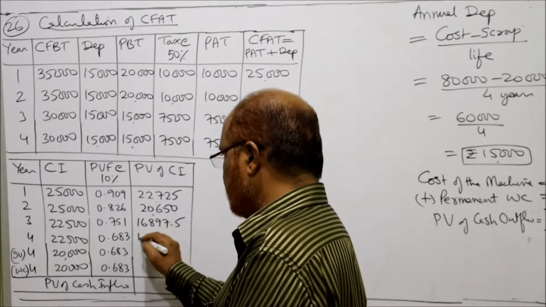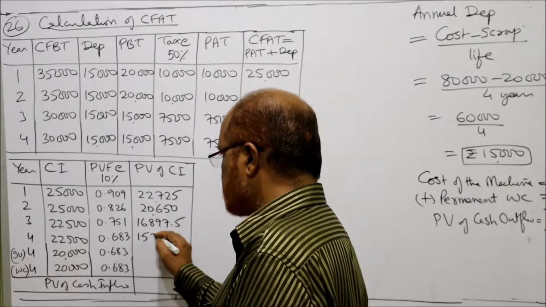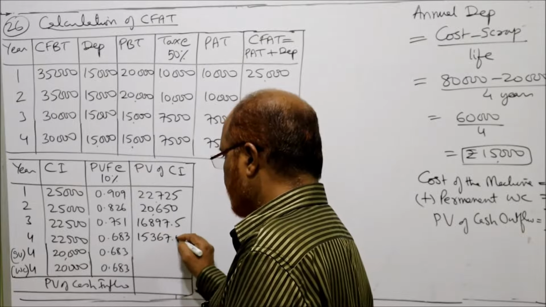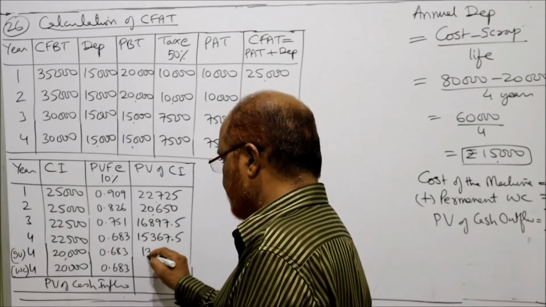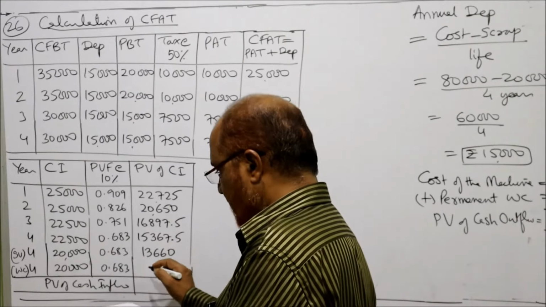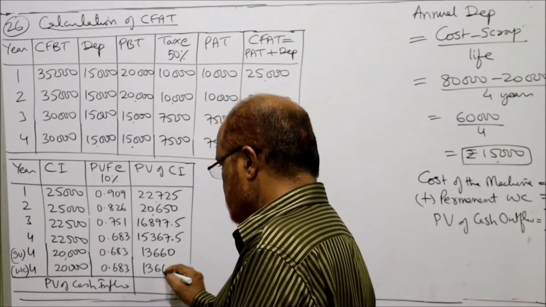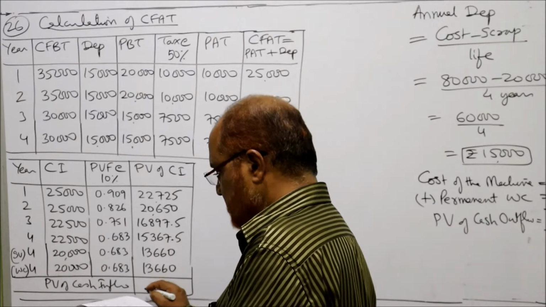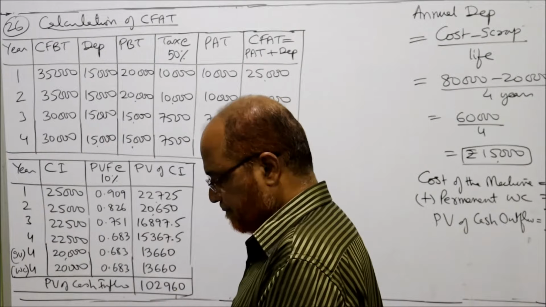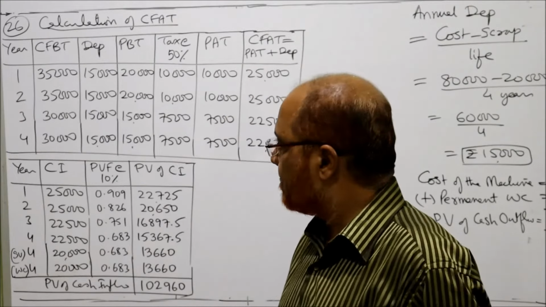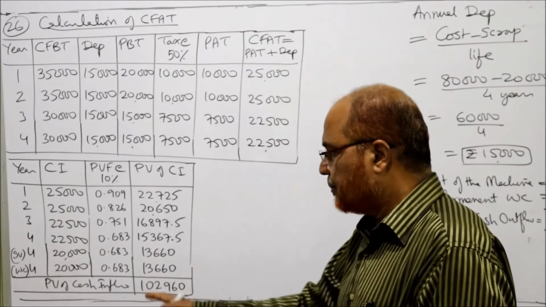Next we get 15,367.5. Next one 13,660. Again 13,660. The total is 1,02,960. So we have calculated the PV of cash inflow.